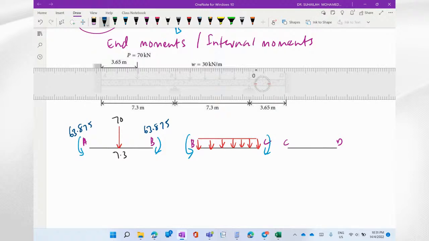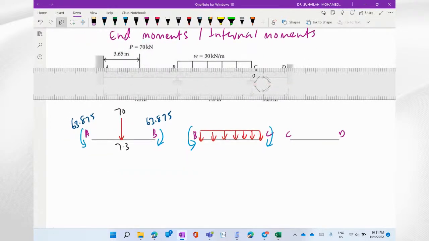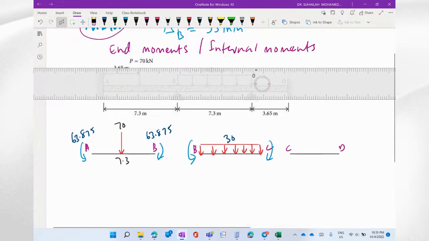Always remember that the fixed end moment is the first member end moment in the table, and the moment that we distribute is the joint moment. The next one: W is 30, length is also 7.3, so we use WL squared over 12.